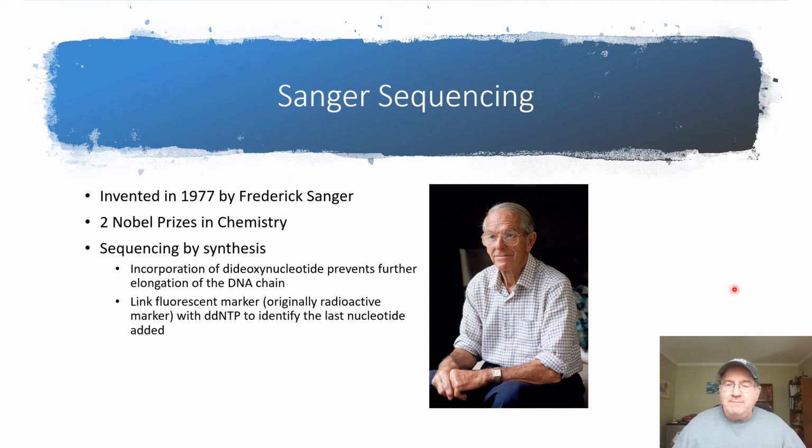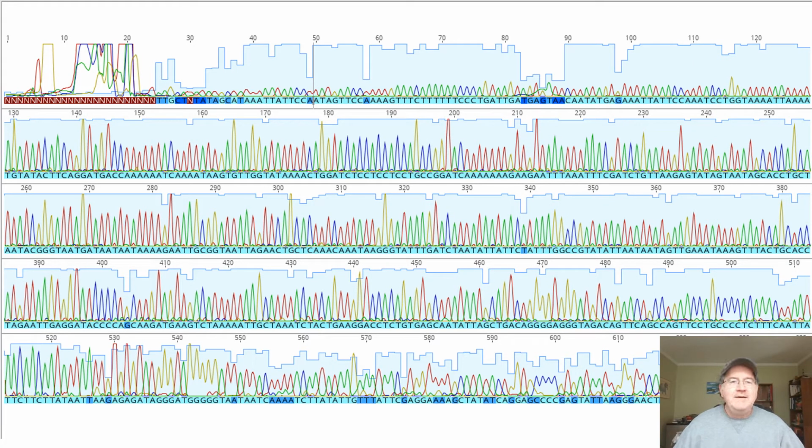Probably many of you have done this or at least seen this, but if you haven't, this is called a trace file for a sequencing run, a Sanger sequencing run, just to show you what this looks like.